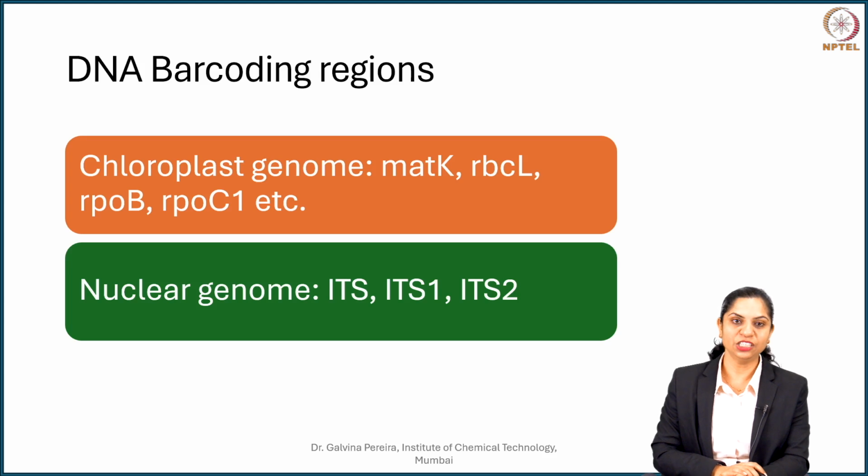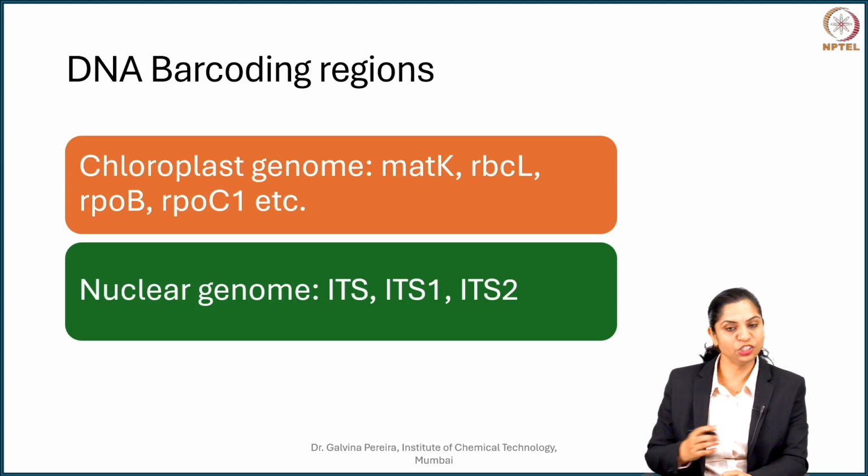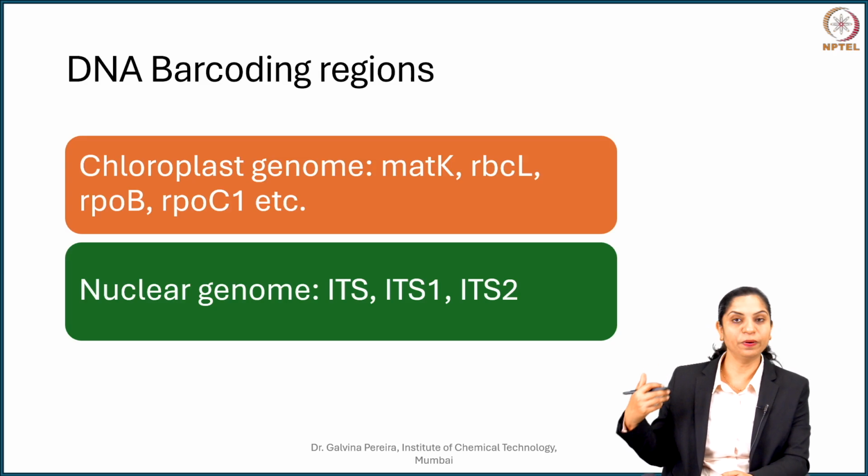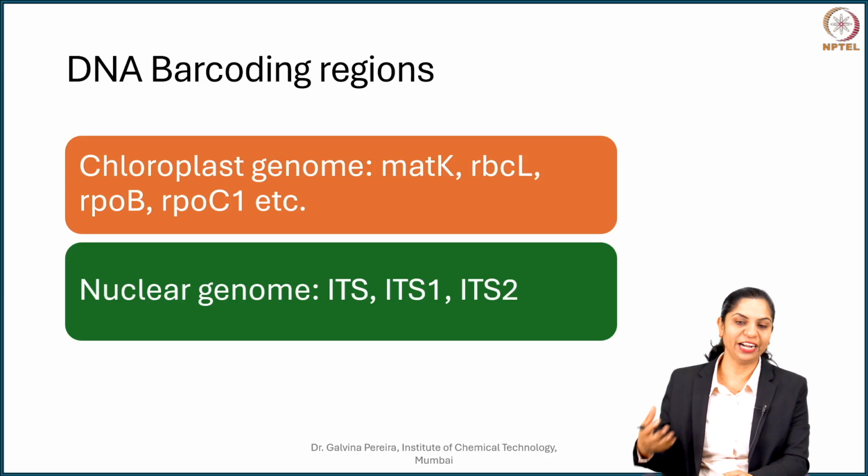So these DNA barcoding regions include your nuclear genomic regions as well as chloroplast genomic regions. Nuclear genomic regions pertain to the nuclear DNA, and this includes your ITS, especially ITS 1 and 2, whereas the chloroplast genome includes the ribosomal DNA, which has been used.